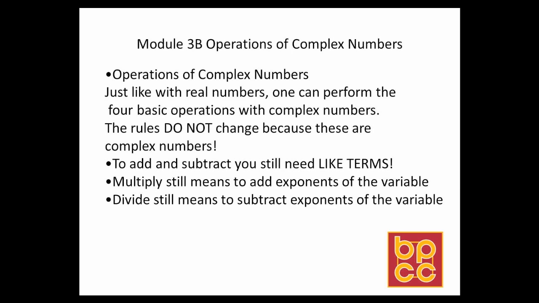They're not like terms. But if I have an x and a 2x, can I add that? Sure I can. That makes 3x. So when we take our complex numbers, which have a real part and an imaginary part, just remember, you can only add the terms that are alike. So you're going to have to add or subtract the real number with the real number, and then you're going to have to add or subtract the imaginary number with the imaginary number.